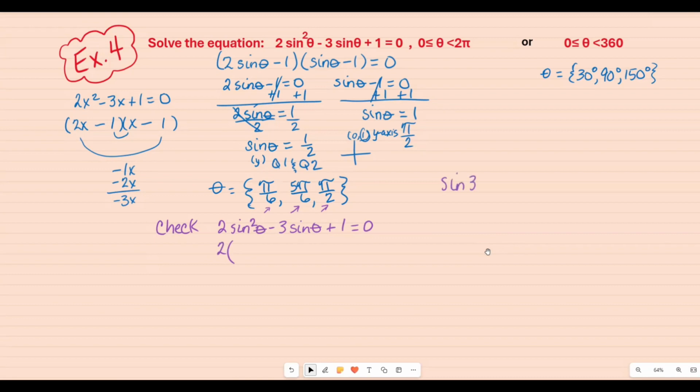That's going to be 1/2. And it's the same if it were 150 degrees. It's still 1/2. It's the same if it's pi radians over 6 or 5 pi radians over 6. It still equals this 1/2. So that's what I'm going to be replacing all of the sine thetas with. So I'm going to replace this with 1/2, however, it's squared, minus 3 times 1/2 plus 1.